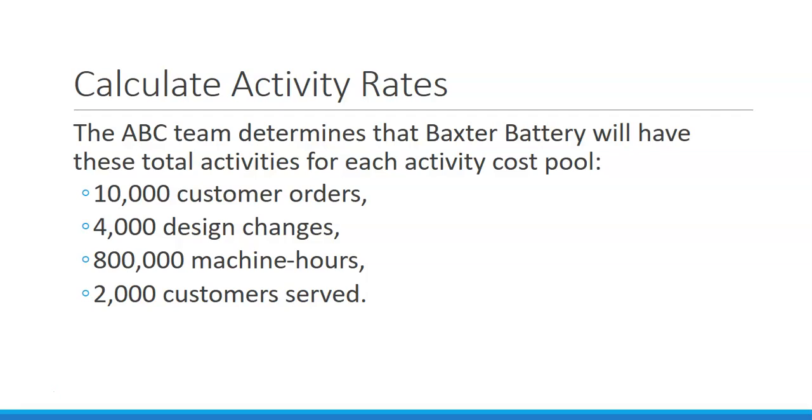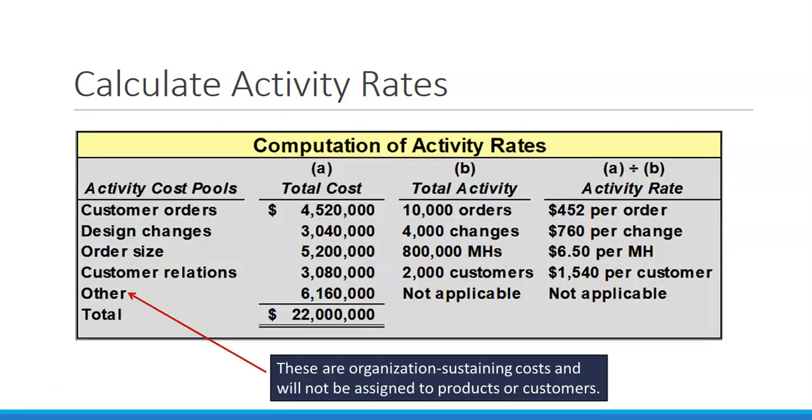Our next step is to calculate activity rates. So we determine that our total activities for each activity pool will be as follows. We'll have 10,000 customer orders, 4,000 design changes, 800,000 machine hours, and 2,000 customers served. So we break up the total costs by our activity to get an activity rate.